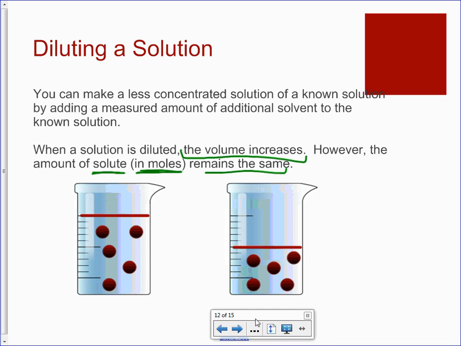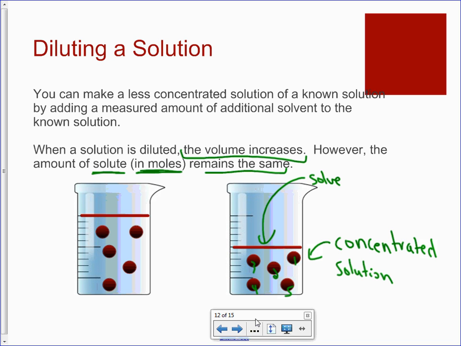So for example, in the beaker on the right, we have our concentrated solution. And just take a moment to note we have 1, 2, 3, 4, 5 moles of our solute in solution. We can add in more solvent to this solution and increase the volume.